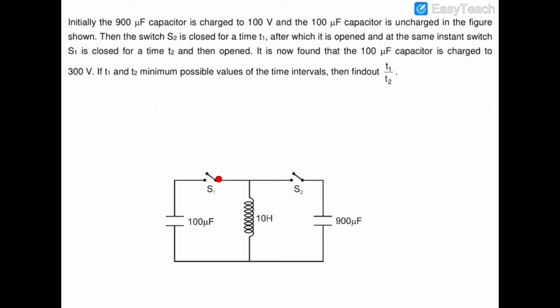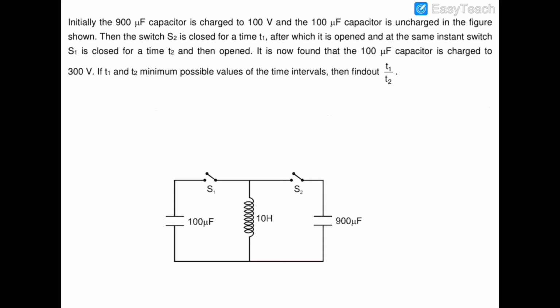Now this S1 is closed for time t2, and after time t2 it was observed that the voltage across this 100 microfarad capacitor was 300 volts. So we have to find out the minimum possible values of these time intervals t1 and t2.